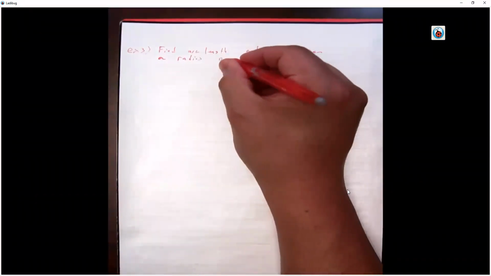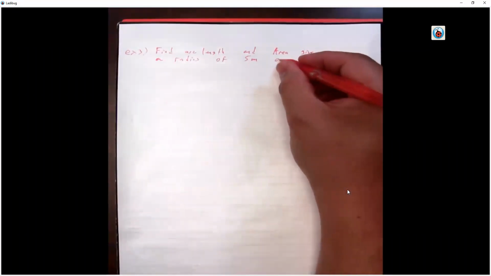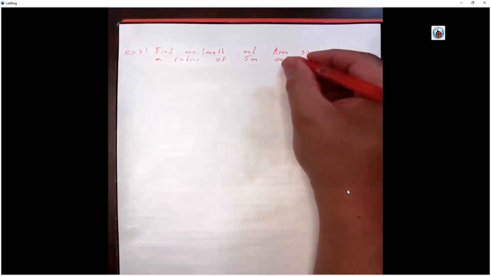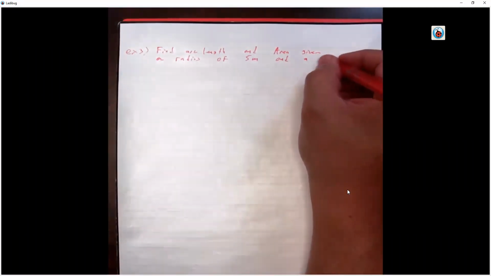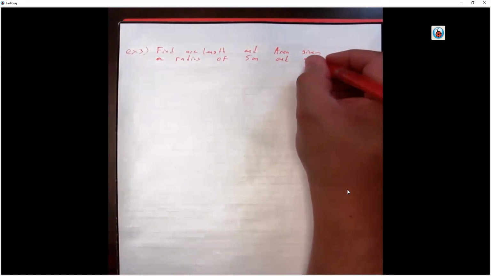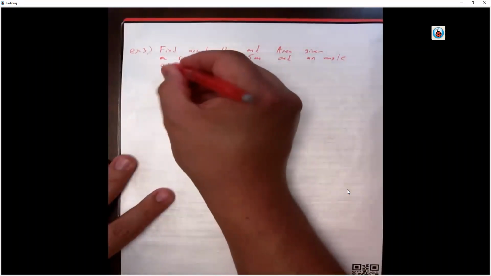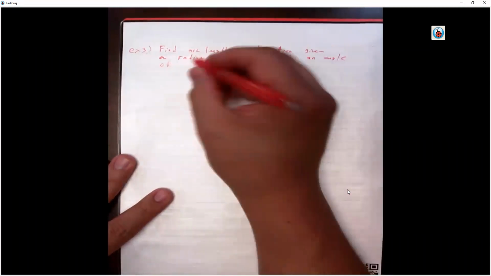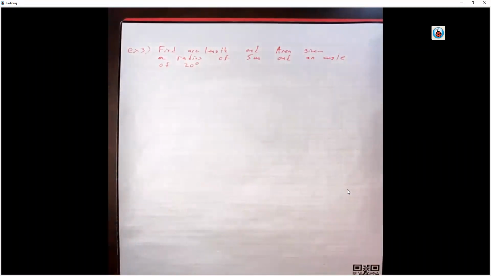Given a radius of 5 meters and a theta, an angle, of, let's say, 20 degrees. Not sure how I'll phrase it later, but basically this will all be the same, something like this.